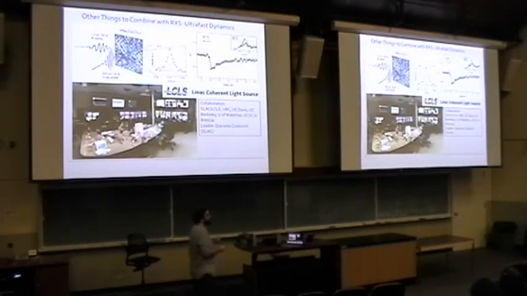And one thing that a lot of people are actually doing is combining resonant X-ray scattering with ultrafast optics. Okay, so here is an experiment led by Giacomo Coslovich at LCLS, the free electron laser, SLAC.